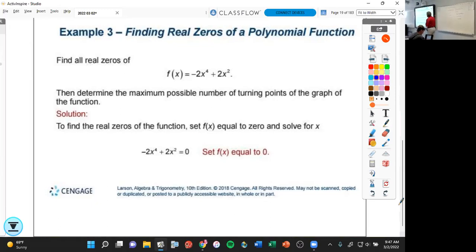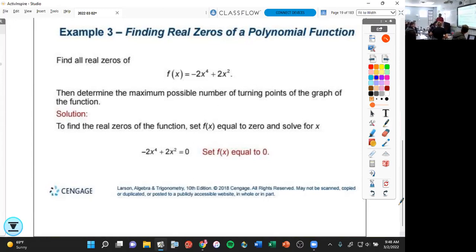Okay. To find the zeros, we set it equal to 0 and solve, right? So how would you go about solving negative 2x to the fourth plus 2x squared equals 0? What would you do? Can't do vertex form. That's for quadratics. This is not a quadratic.